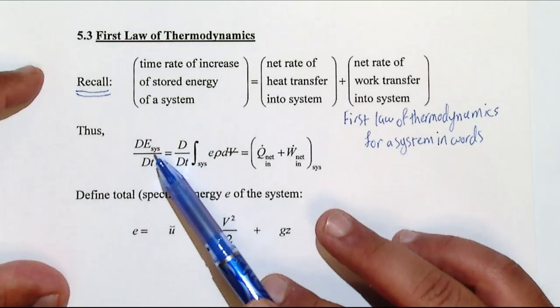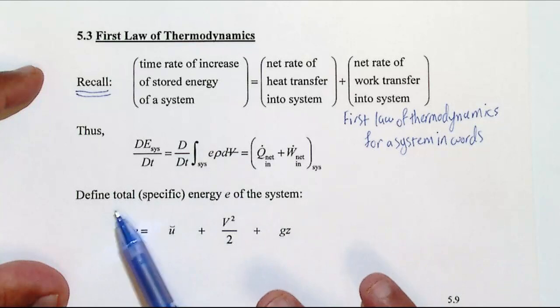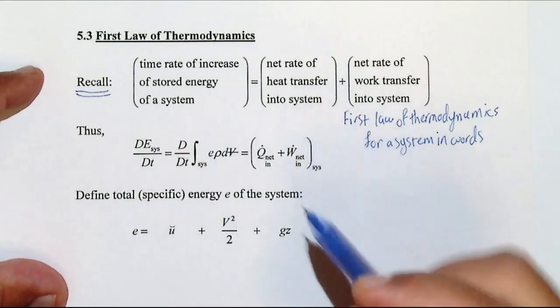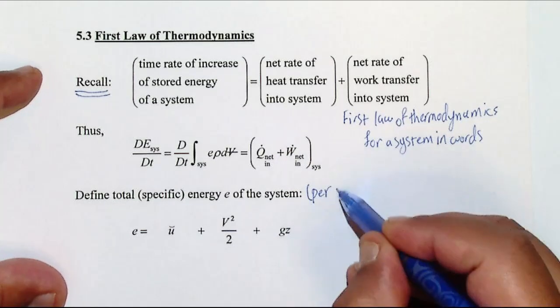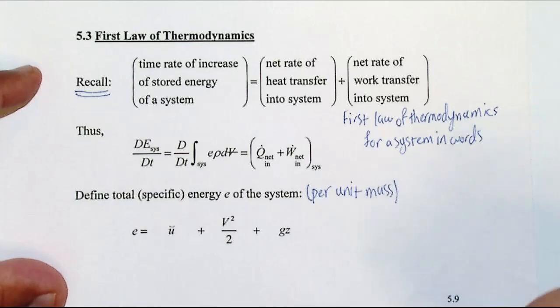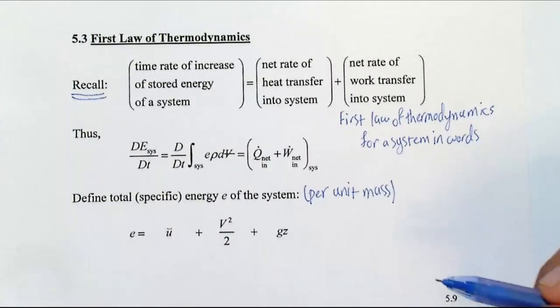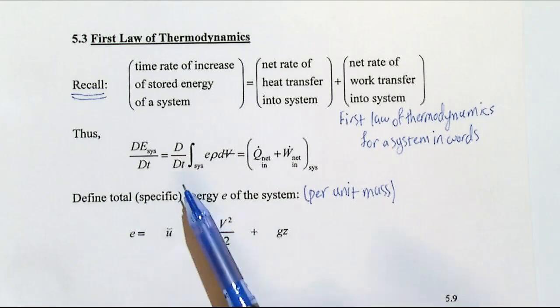But lowercase e is also defined as the total specific energy of a system, that is per unit mass. Per unit mass means that we are going to get rid of the mass of a system and define that as an integral form for a system.